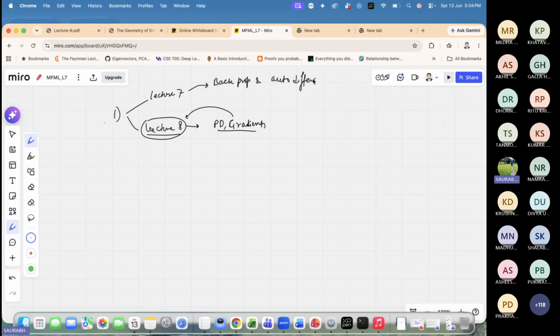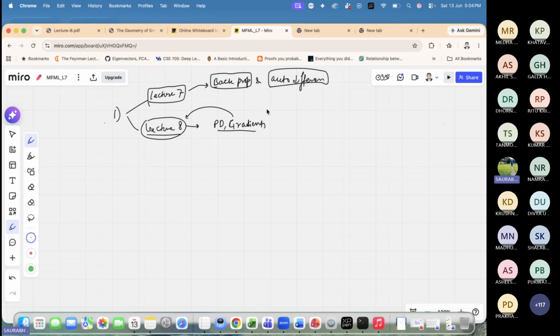It's a very small part, but it's still very important from a neural network point of view, because back propagation is a way of propagating the information from the last layer to the first layer. That's what backpropagation is, and we'll study it tomorrow. How we use the chain rule for auto differentiation is also linked.